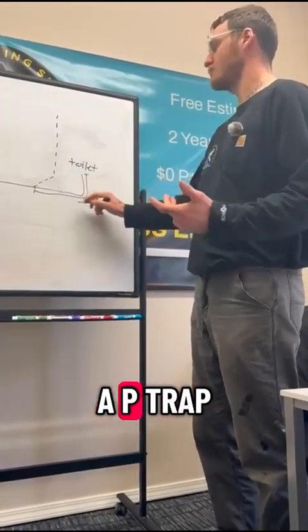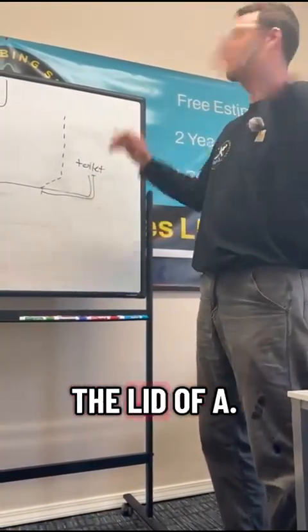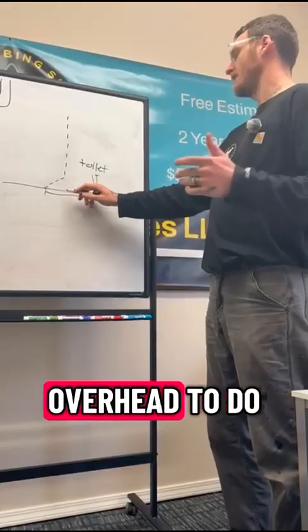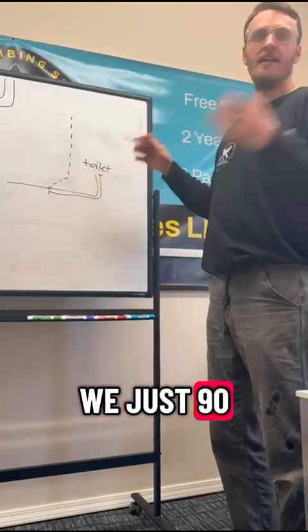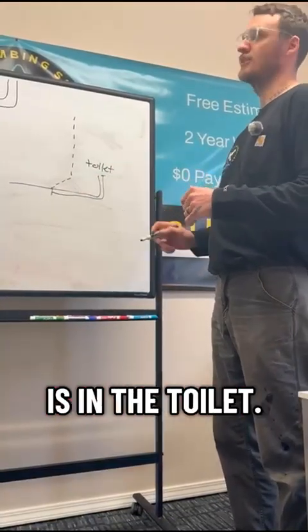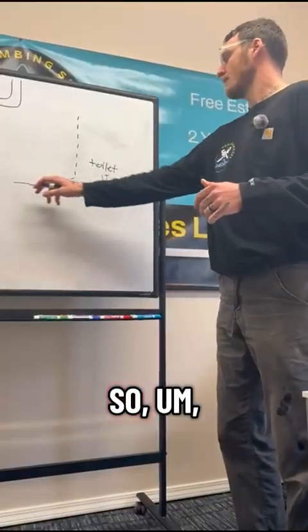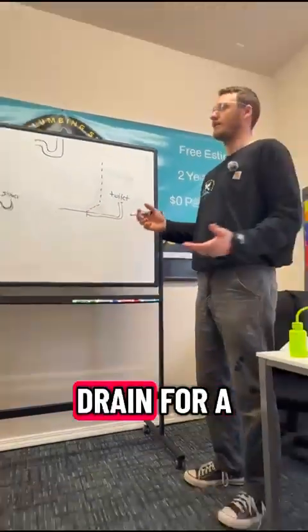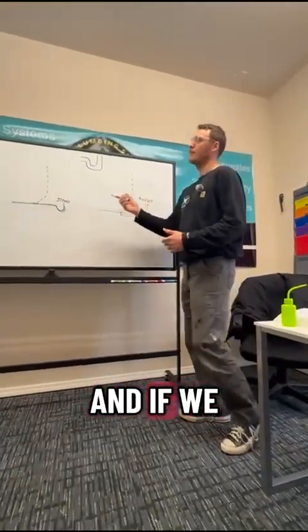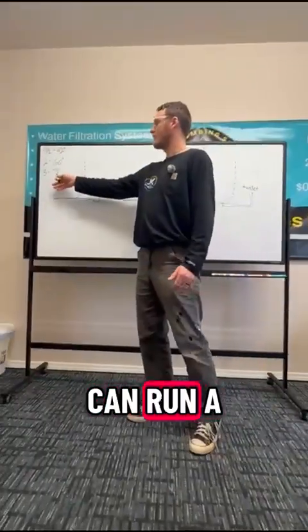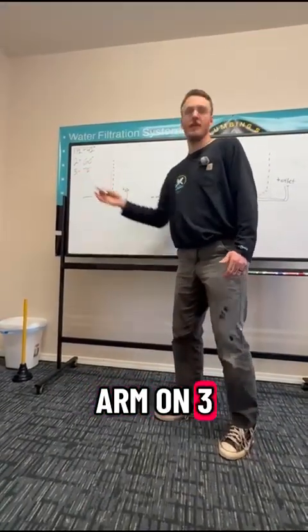We don't install a P-trap in the crawl space or in the lid of the overhead to do a toilet. We just 90 to the toilet flange because our P-trap is in the toilet. So 3-inch minimum drain for a toilet. And if we go back over to here, we know we can run a 72-inch trap arm on 3-inch pipe.